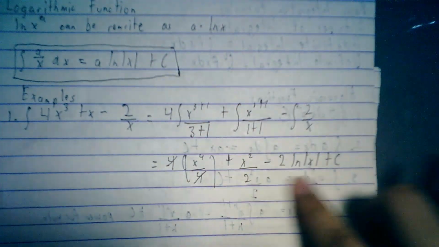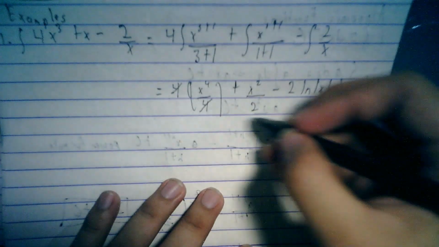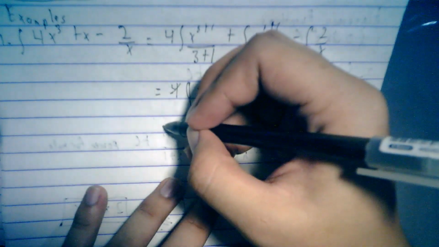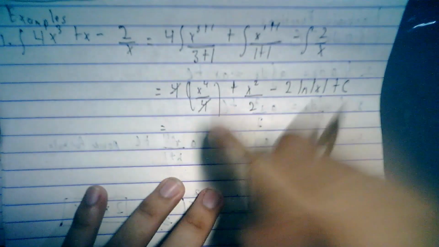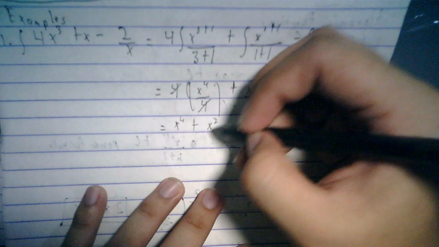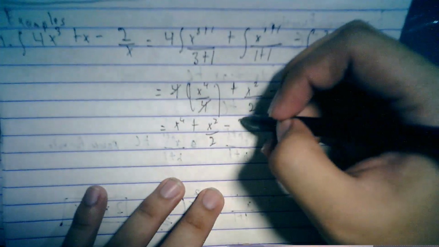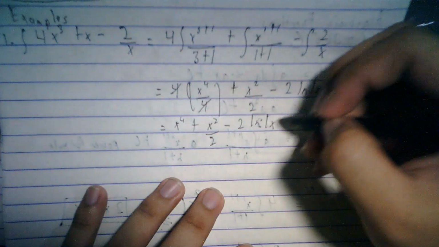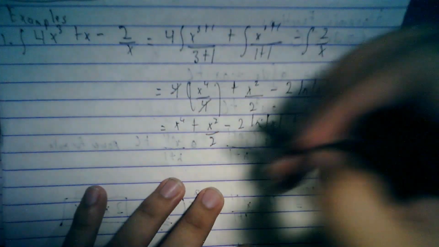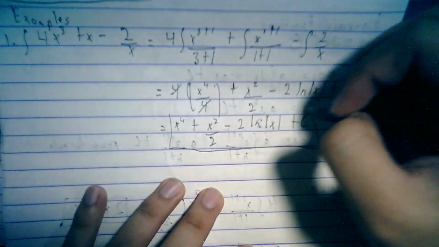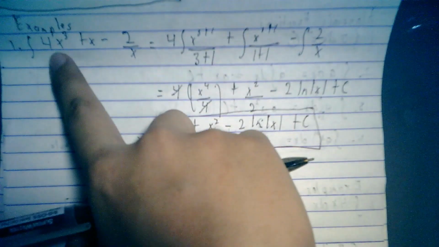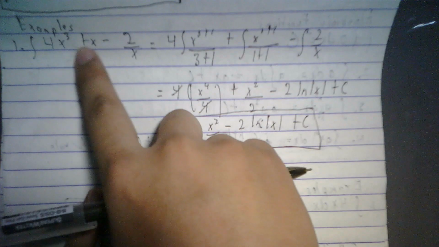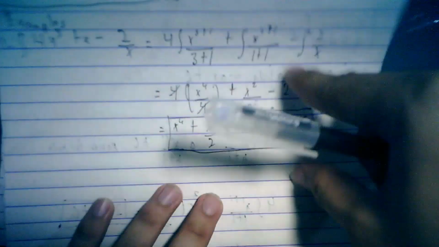Let me simplify this. It equals x raised to the 4th plus x squared over 2 minus 2 ln of x plus c. So this is our answer to the integral of 4x cubed plus x minus 2 over x.